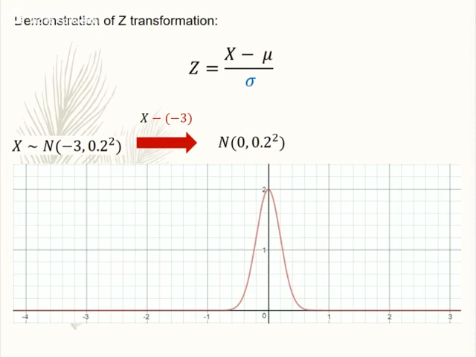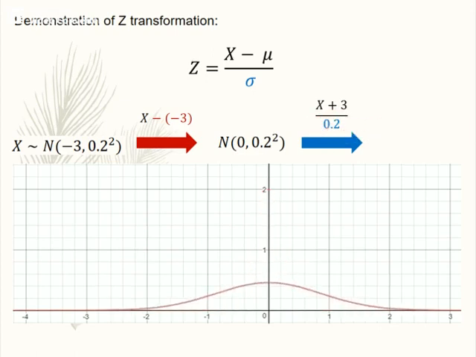So let's now look at the denominator. If you divide by the standard deviation, in this case, that's 0.2, what does this do? Okay, so remember x minus -3 becomes x plus 3. And then if you divide by 0.2, what happens there?